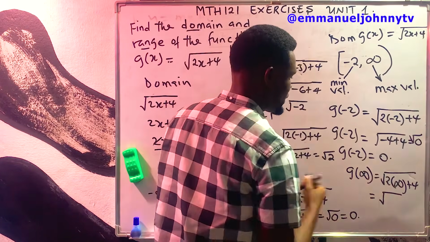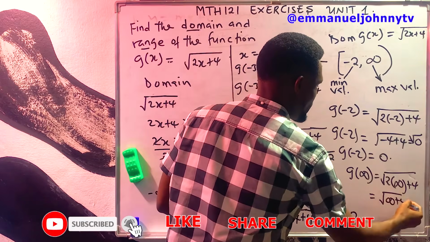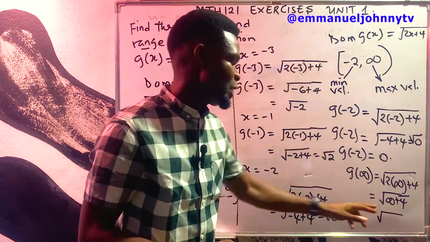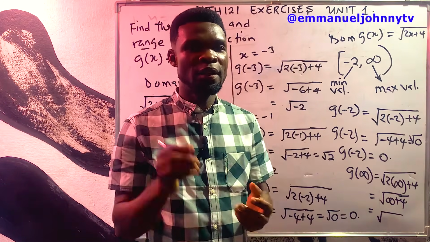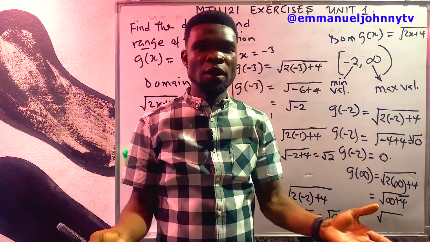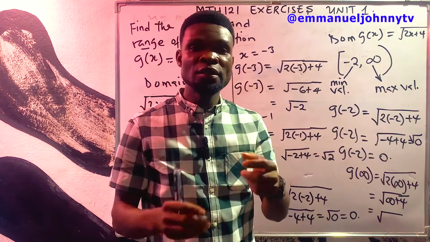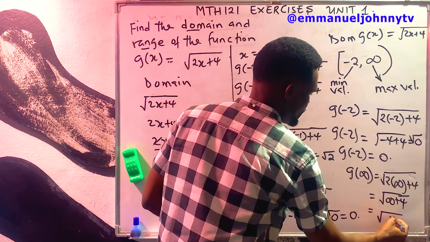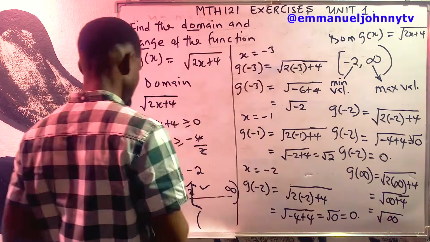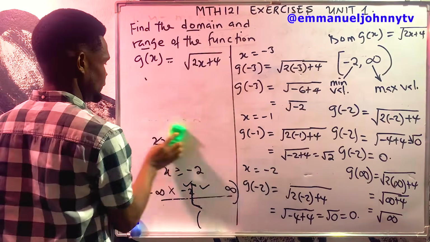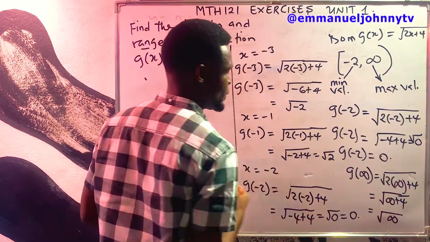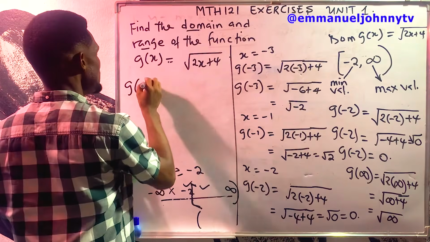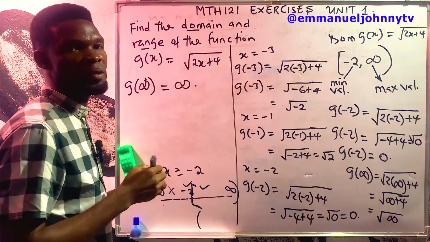Meaning that 2 times infinity is infinity, plus 4. So here we have square root of infinity plus 4. That is, carry 4, add to a very large number, you still get infinity. So infinity plus 4 is infinity. Square root of infinity will still give you infinity. So that means that g of infinity is equal to infinity.